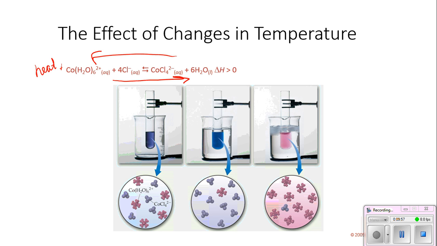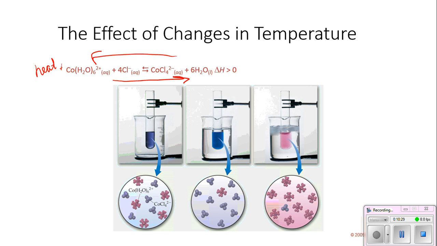We're actually going to be working a lab where we look at different color changes and mess with their equilibriums by looking at the color changes. So basically, the three basic things that you can do to change your equilibrium are to change the concentration of your reactants or products, change the temperature, or, if we're talking about gases, change the pressure.